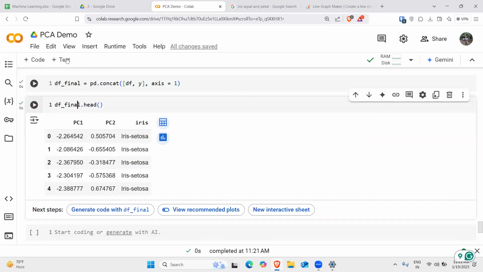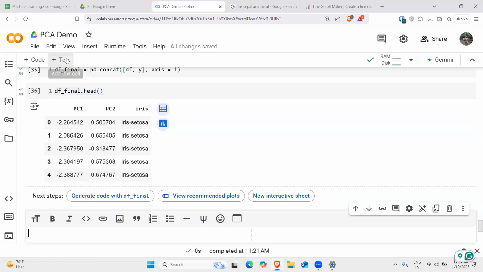And I'm going to plot the data now. I'll write plotting the data.